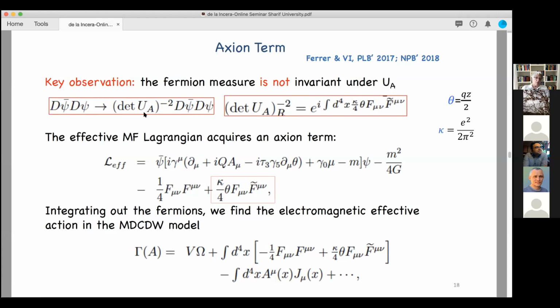So it needs regularization, and you have to be careful to do the regularization in a way that is gauge invariant. When you do that, you find a contribution that is an anomaly. This is the chiral anomaly.